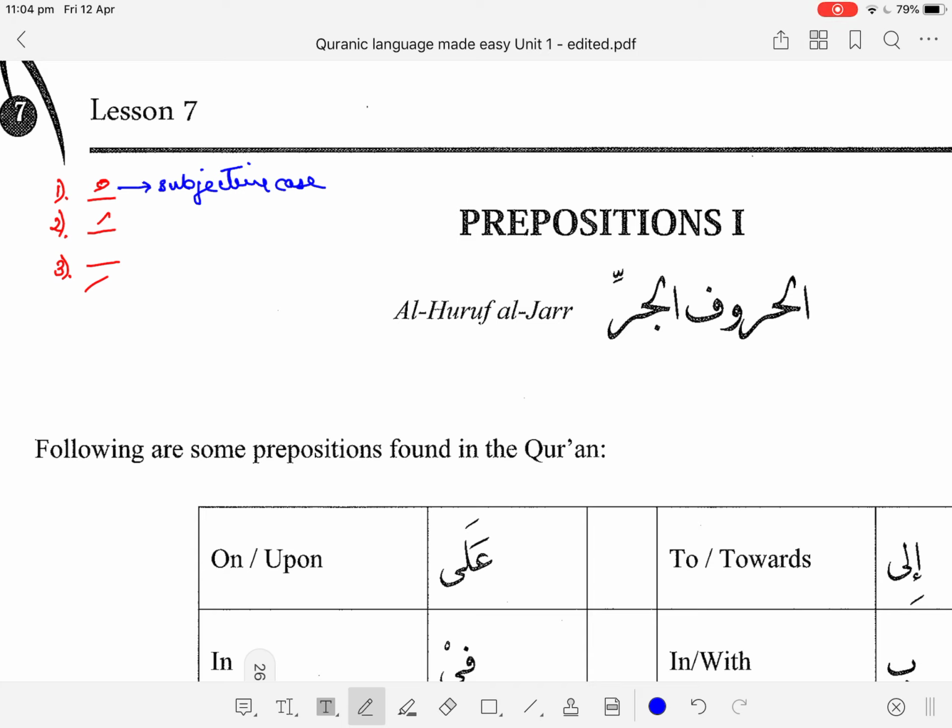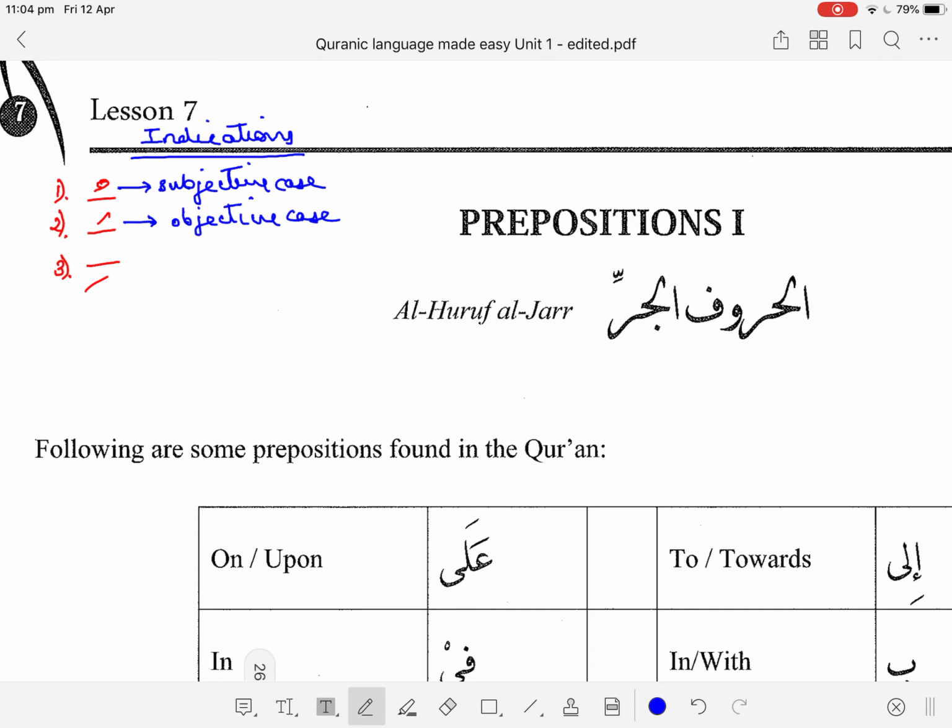If there is a fatha, it indicates that this is an objective case. The noun is being used as an object. These are indications, so these are always in general. It need not always be the case.